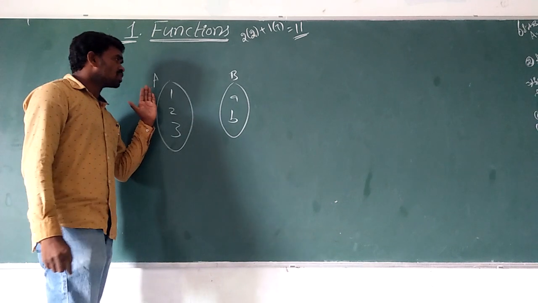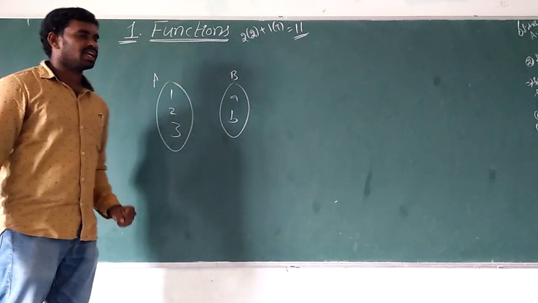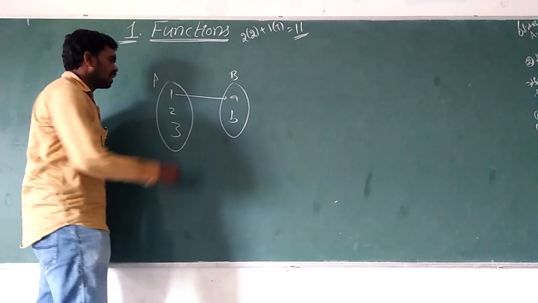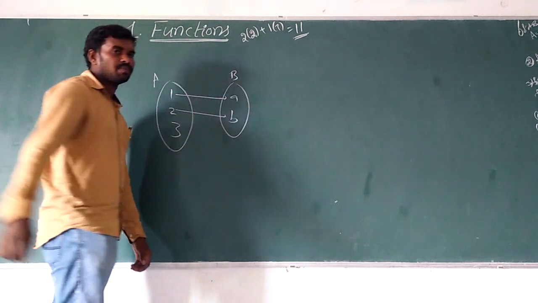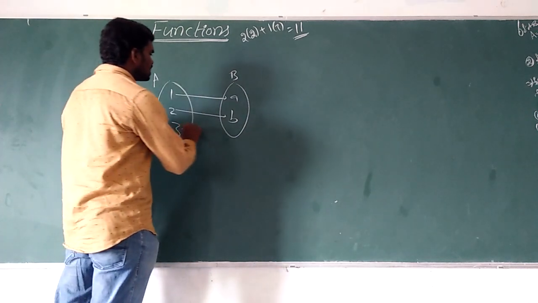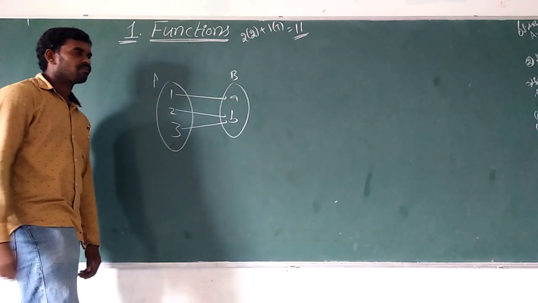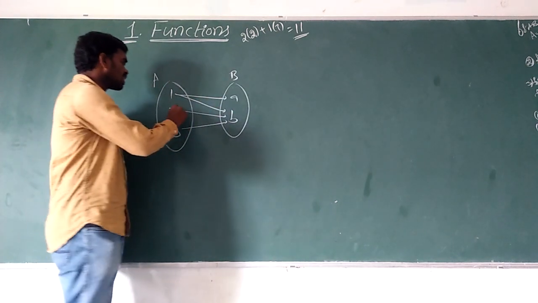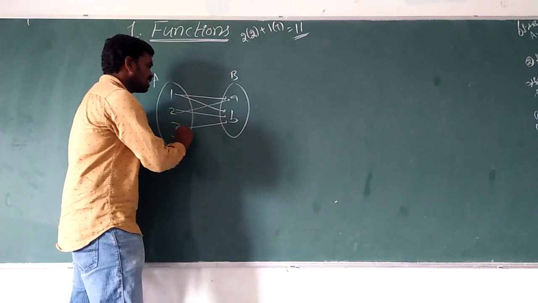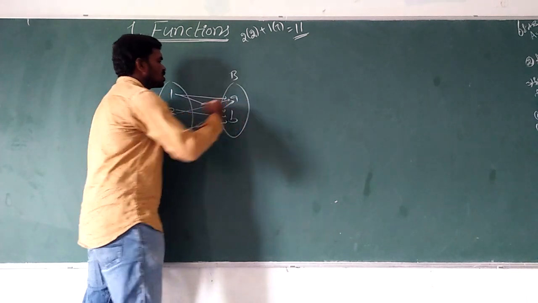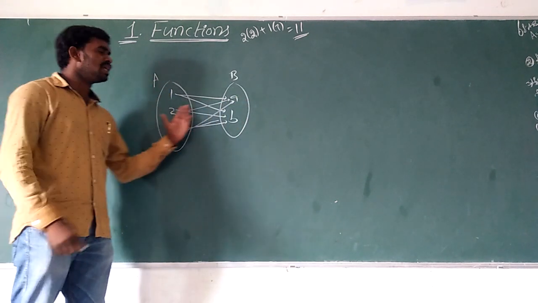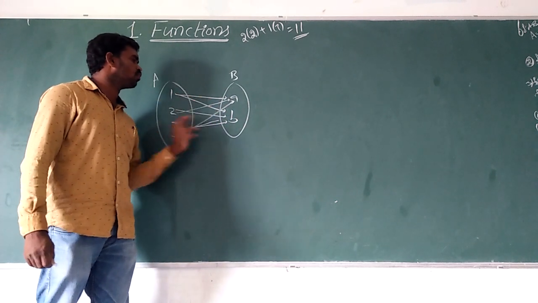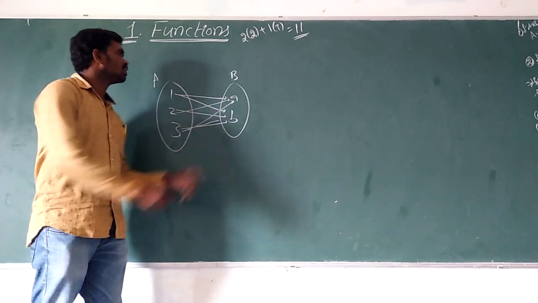Suppose two sets, set A and set B. 1 is related with a, and 2 is related with b, and 3 is related with b. Of course, 1 is related with b also, 2 is related with a also, and 3 is related with a also. So here we have many relations: 1a, 1b, 2a, 2b, 3a, 3b.